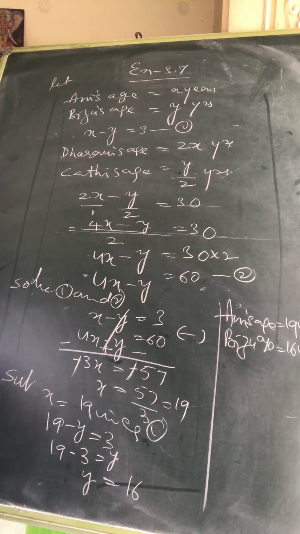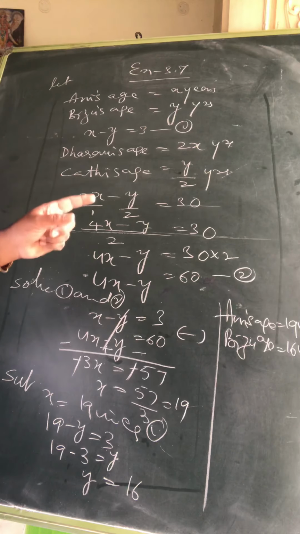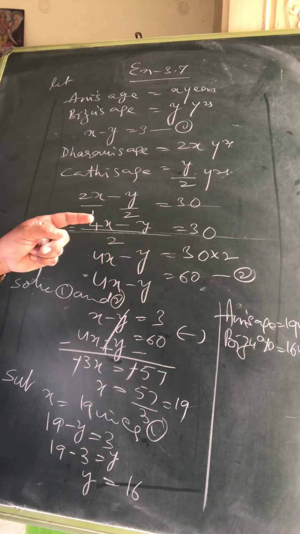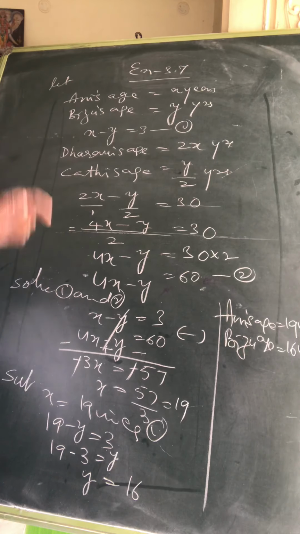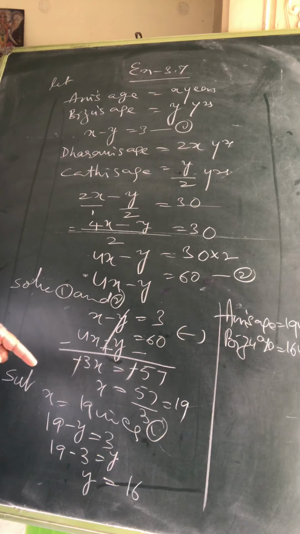So one case we are completed. Just at the beginning I told you, difference of these two ages means maybe Annie is older or Baiju is older. First case we have taken Annie is older than Baiju.